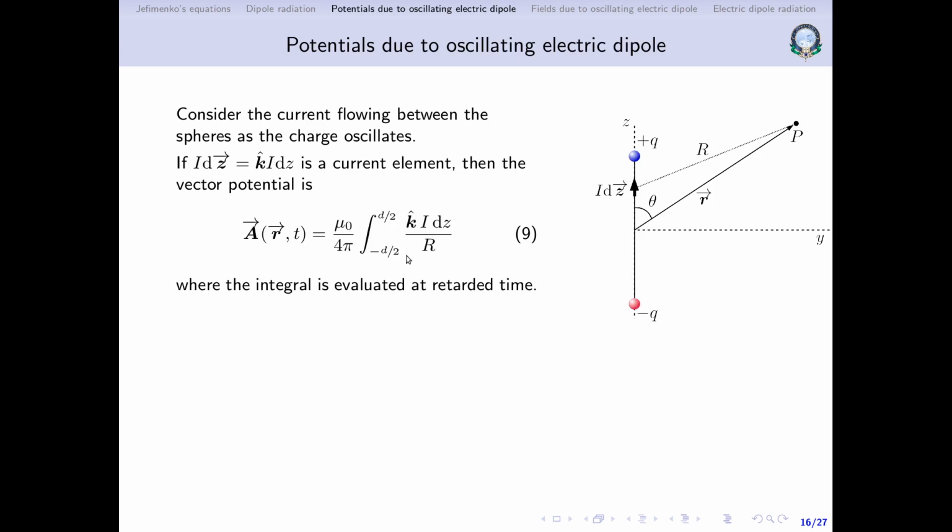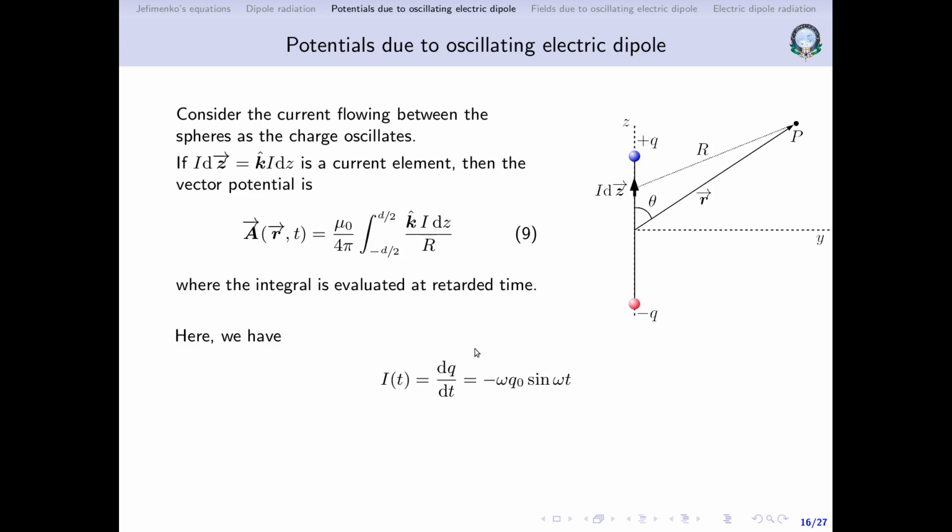Here the integral, of course, we have to evaluate at the retarded time, because that's the idea of retarded potential. The potential at a certain point at the present time is due to the charge or currents at a retarded time. So what is the current here? That is easy, because we already assumed that the charge on any of these varies harmonically: q of t is equal to q naught cos omega t.